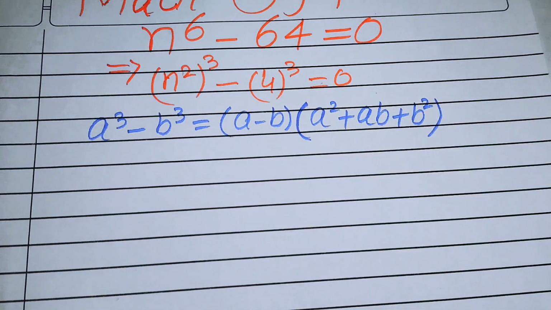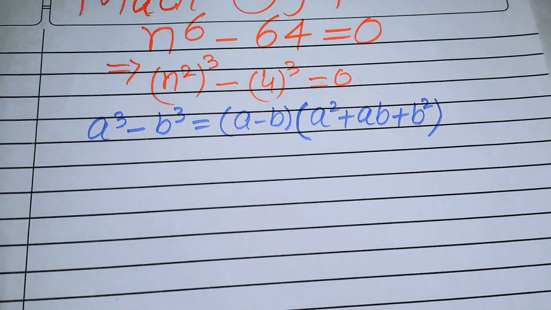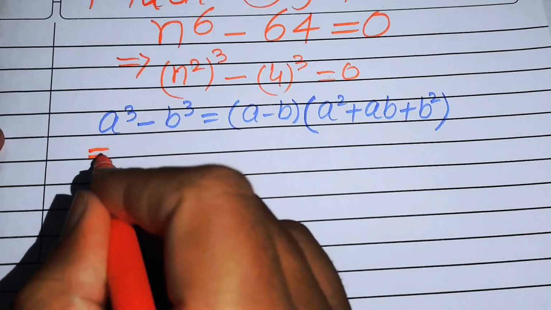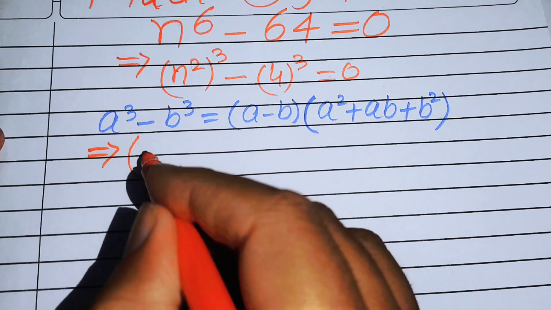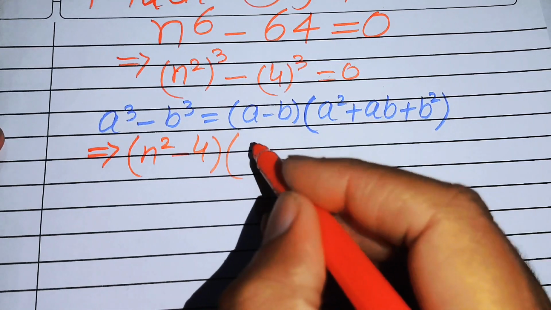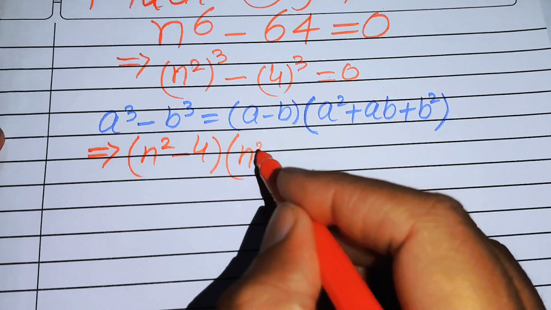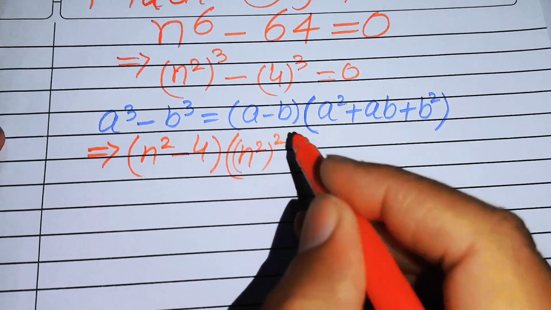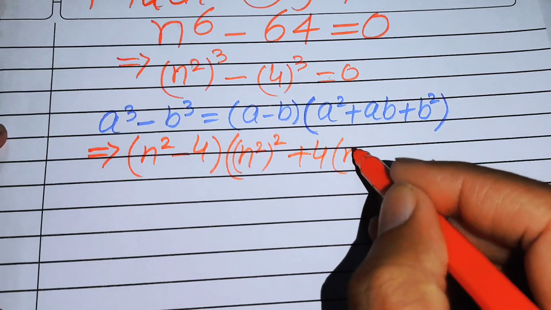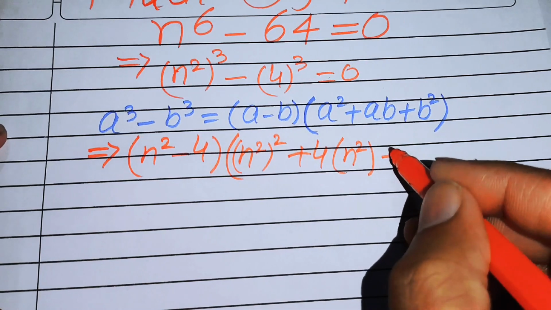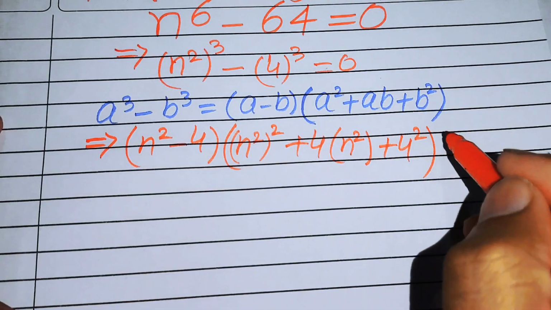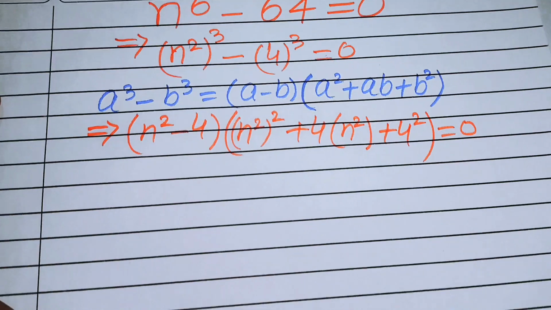In the next step we will just apply this formula on the left hand side, and the left hand side will become n squared minus 4 times n squared whole squared plus 4 times n squared plus 4 squared, and it equals 0.